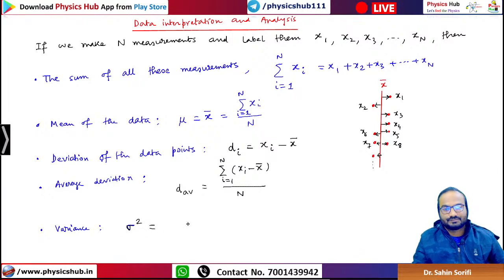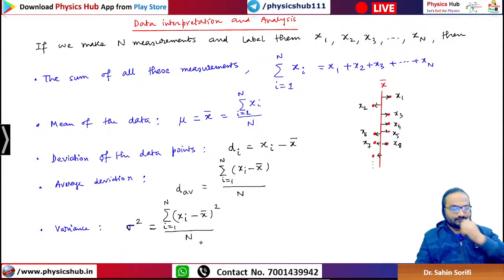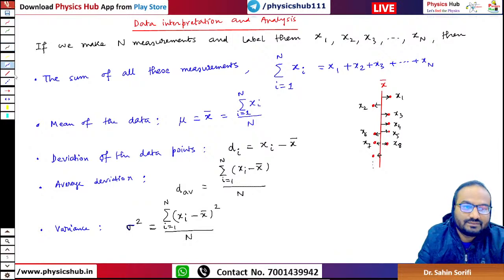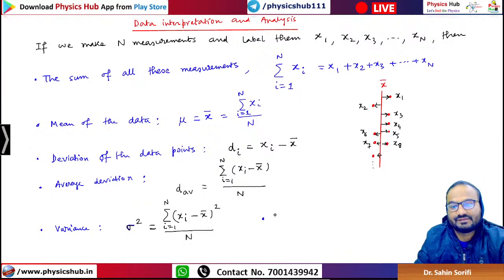Sigma square is the sum of xi minus x average, whole square, over i equals 1 to n, divided by n. This is variance, and the standard deviation is just the square root of this variance.